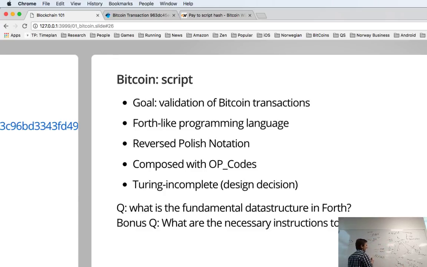So if I have NAND, I can do that. But with NAND, I'm still missing one thing. I'm still missing control structure. I'm still missing the if statement and split.